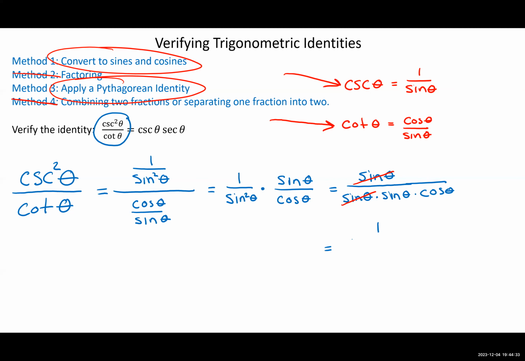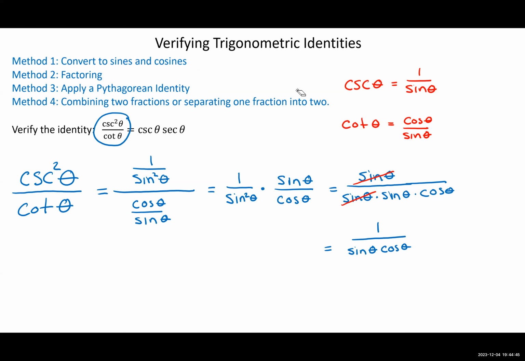So now we're left with 1 over sine theta times the cosine of theta. Now it looks like it may be beneficial to separate one fraction into two.